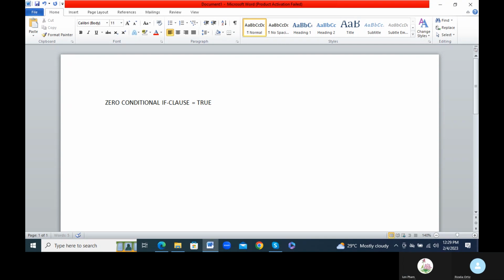So we use the present tense because it talks about true conditions. When one thing happens, another thing happens. Your verbs, both in the dependent and independent clause, are in the present simple form, both in the if clause and in the main clause.